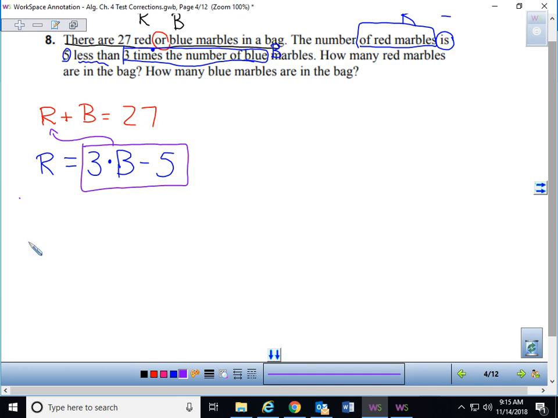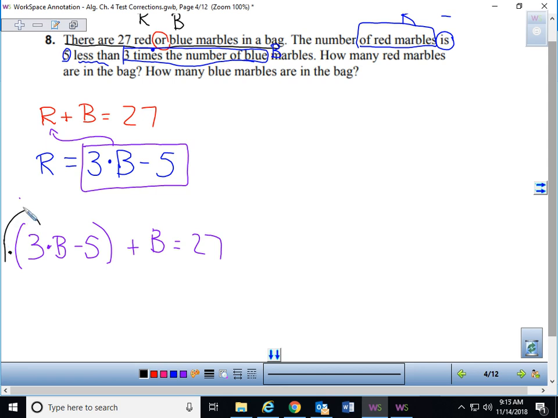So now I have 3 times (b minus 5) in parentheses plus b equals 27. Remember, there's a secret 1 in front of these parentheses, so it's really a distributive property of a positive 1.